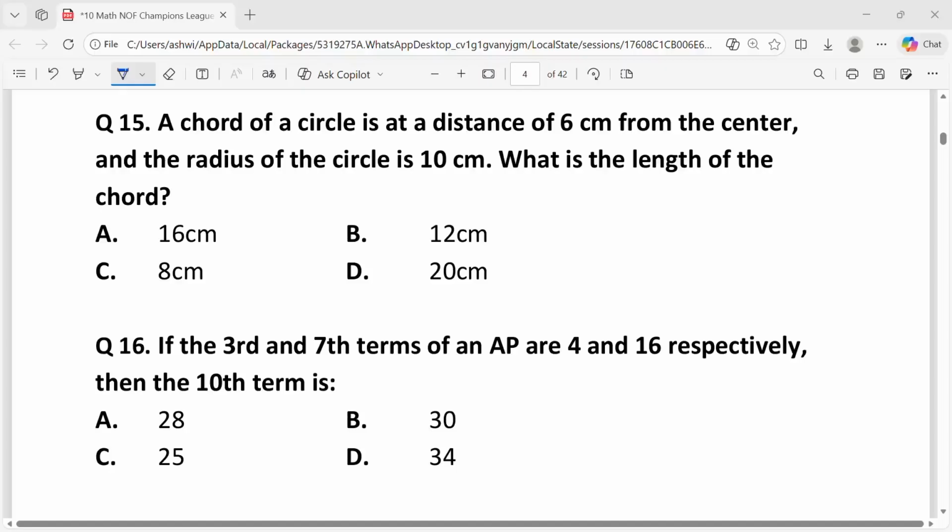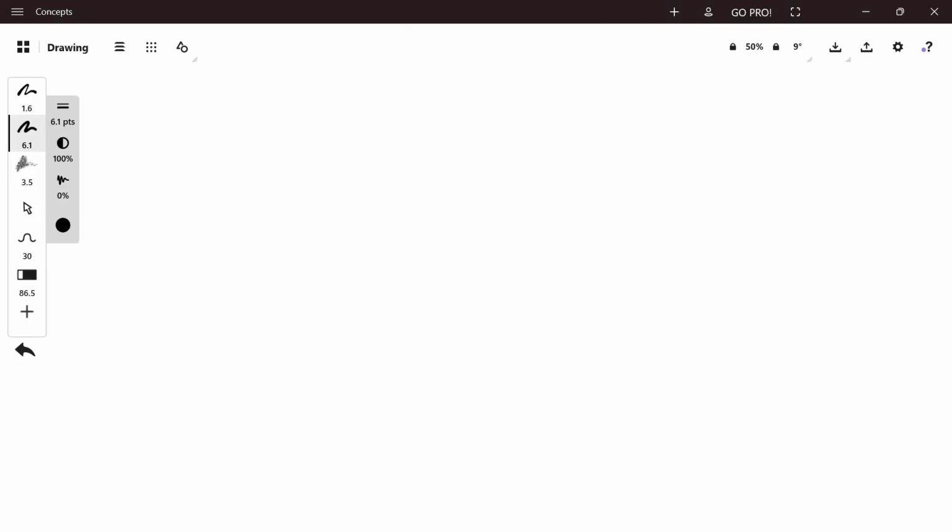Question 15. A chord of a circle is at a distance of 6 cm from the center and the radius of the circle is 10 cm. What is the length of the chord? The radius drawn to the midpoint of a chord is perpendicular to the chord.